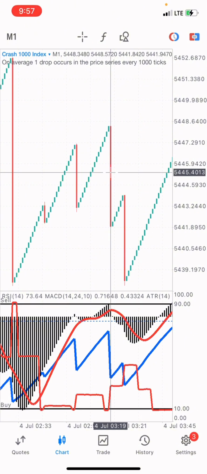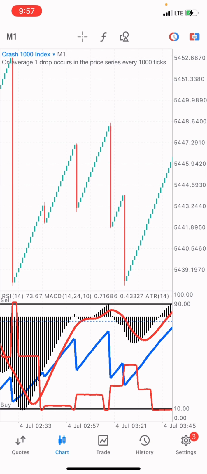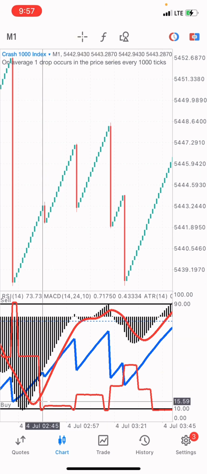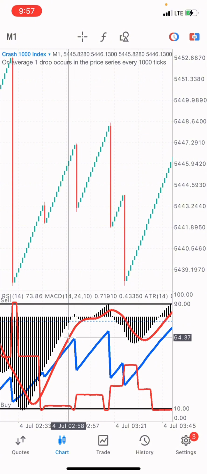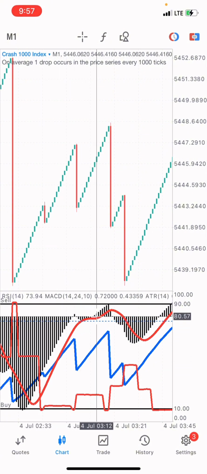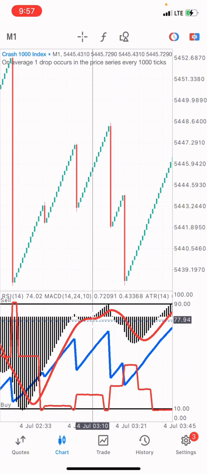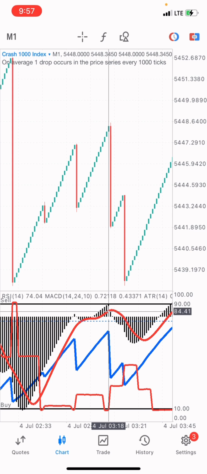All right, we're taking a look at this point that this red line here is the average true range. No, this red line here is also the MACD as well, just as you can see at this point.